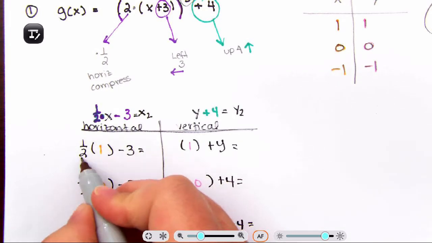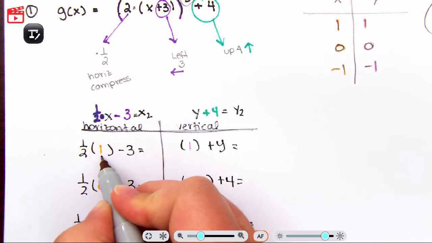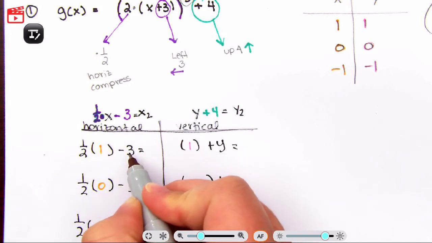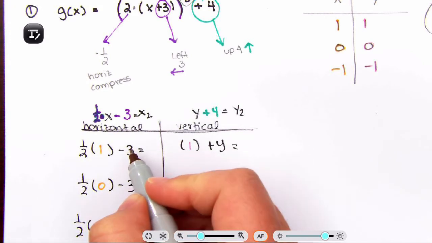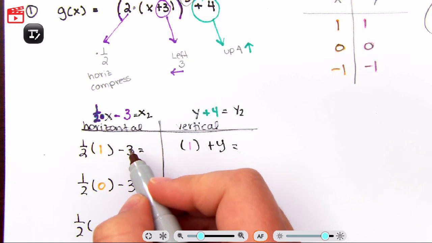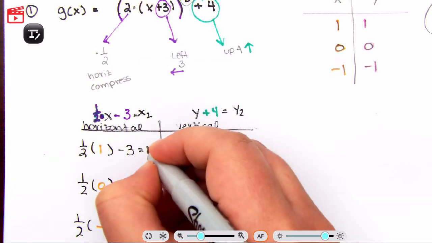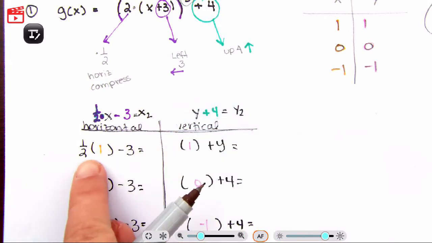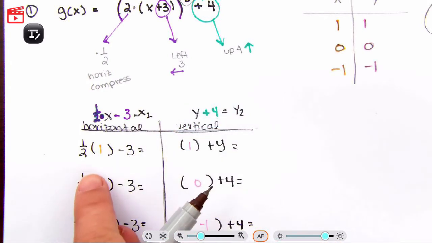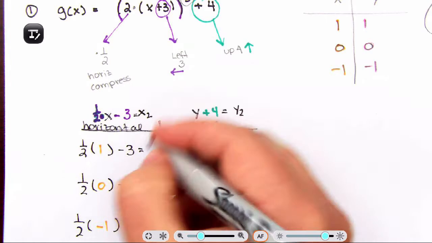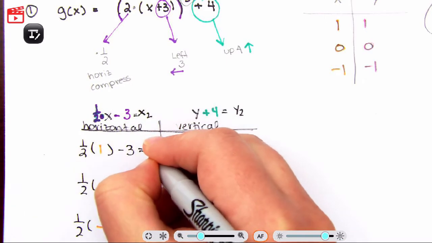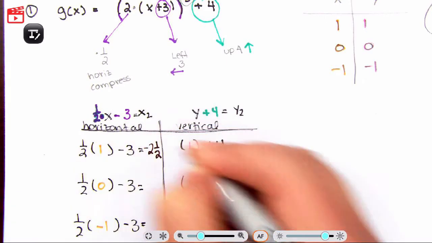So we have half of 1 is half. Half minus 3, so that's negative 2 and 1/2.